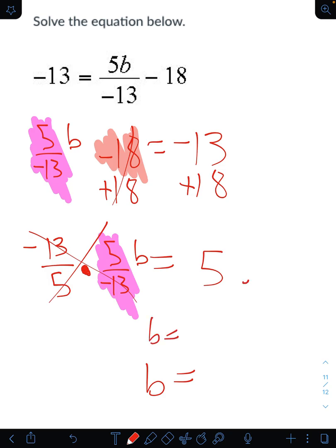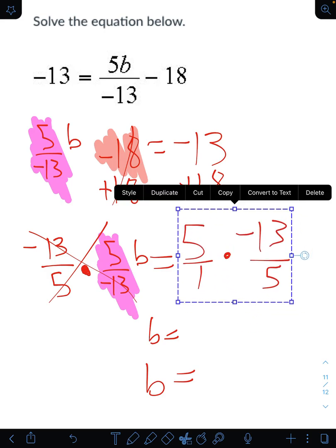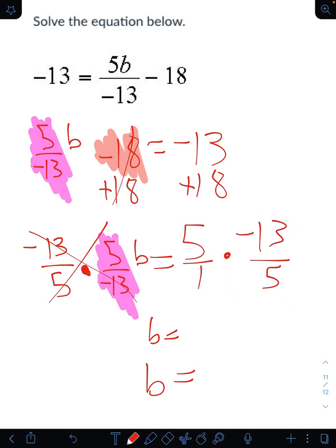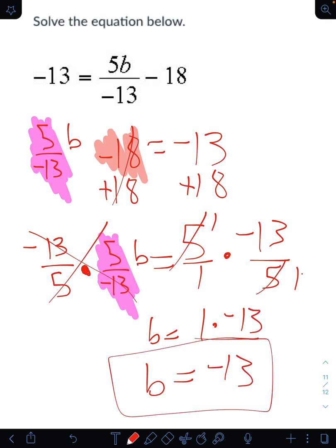And then times this by negative 13/5. Cool. So now, oh wait, I can divide this by 5 and get 1, and this by 5 and get 1. So you're left with a 1 times negative 13, or b is negative 13. There we go.